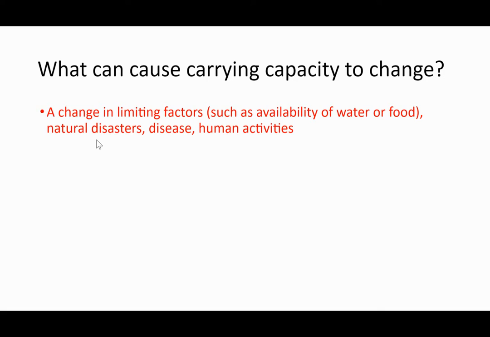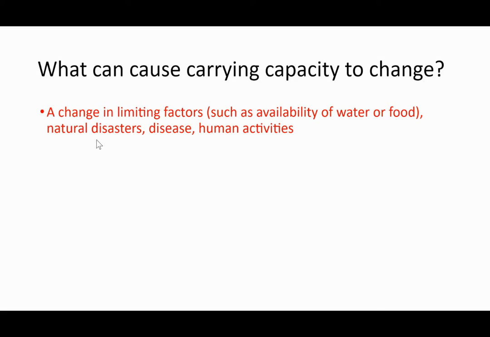Question number 2, what can cause carrying capacity to change? So any change in a limiting factor could certainly cause the carrying capacity to change. So if you are an organism living in a deciduous forest, which is the environment here in North Carolina, it's a pretty stable, temperate environment, and there is suddenly a lack of water. Maybe we're experiencing a drought. That could limit carrying capacity.